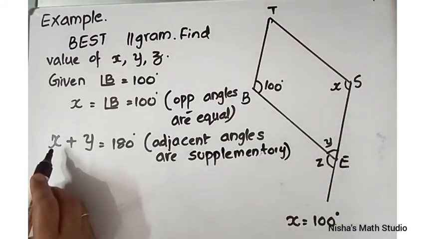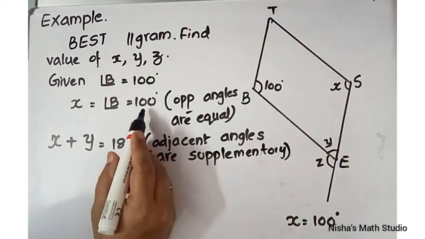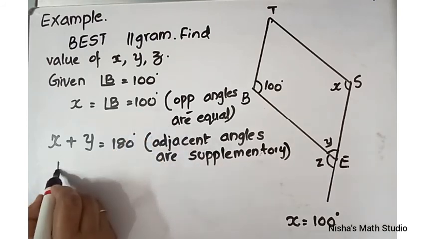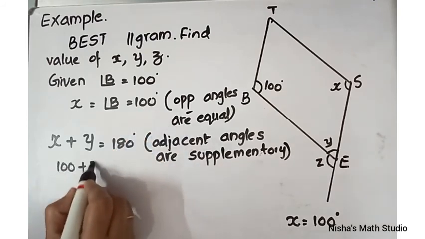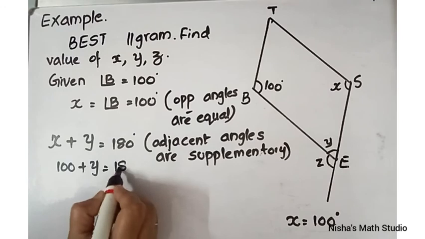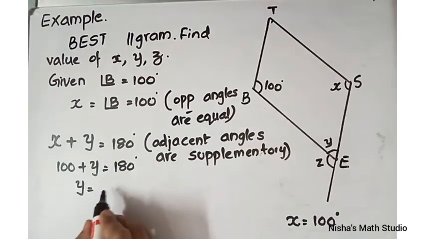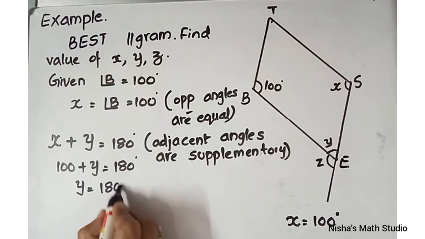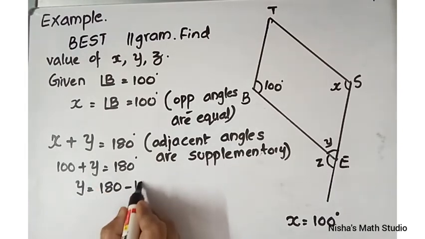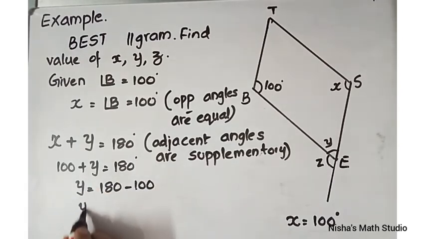Now I already know the value of X, which is 100. So 100 plus Y is equal to 180 degrees. You know how to solve the linear equation also now. So Y is equal to 180 minus 100, taking 100 to the other side. So Y is equal to 80 degrees.